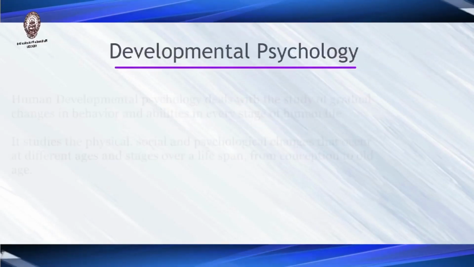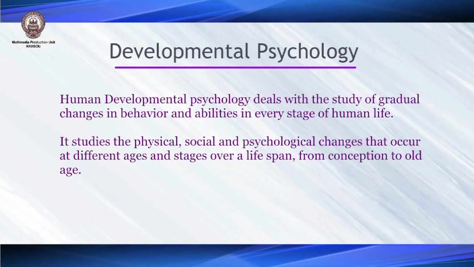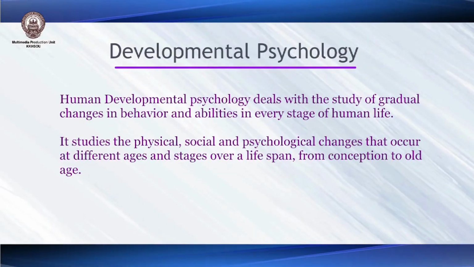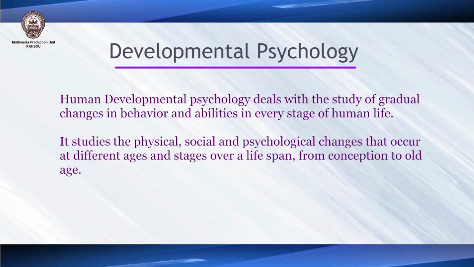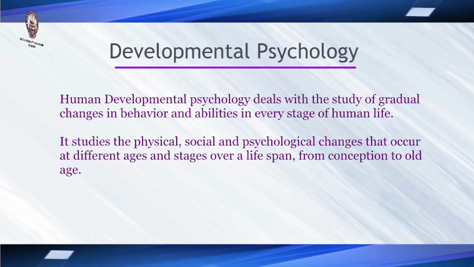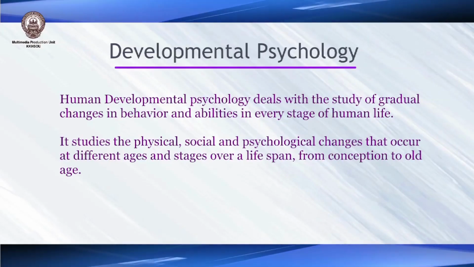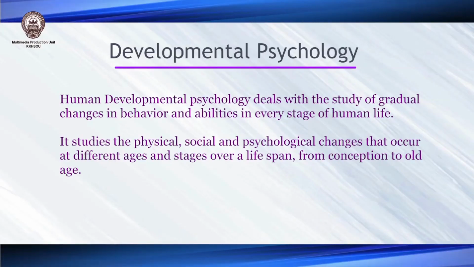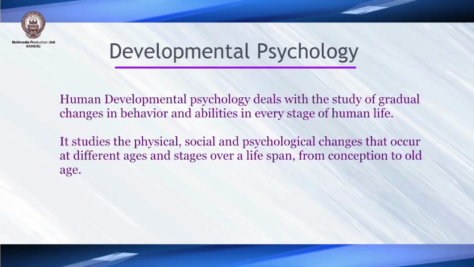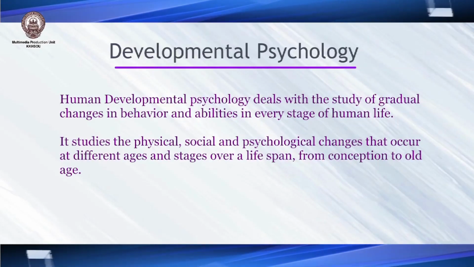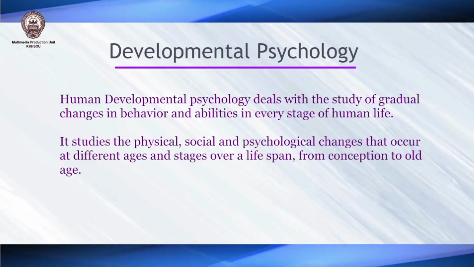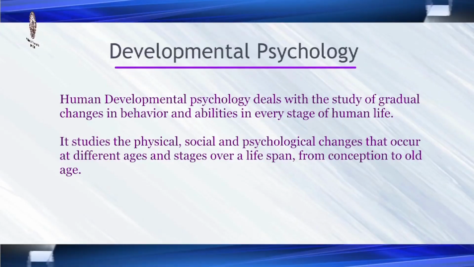Human developmental psychology deals with the study of gradual changes in behavior and abilities in every stage of human life. It studies the physical, social, and psychological changes that occur at different ages and over the lifespan of a human being, from conception to old age.